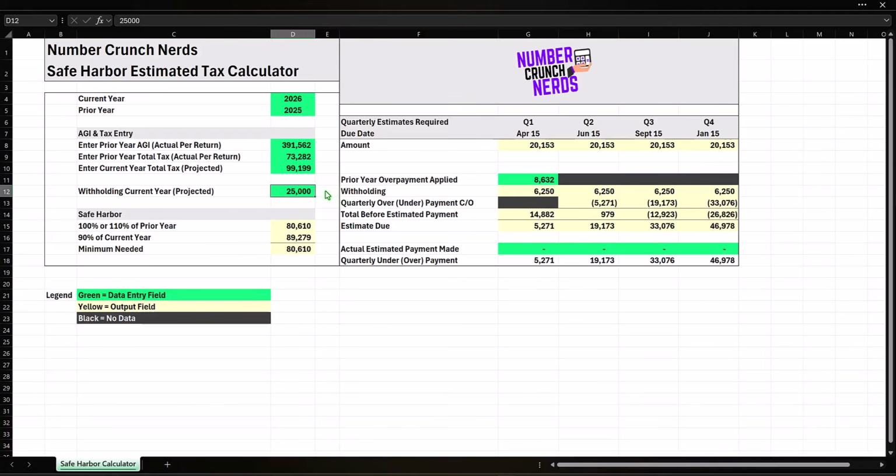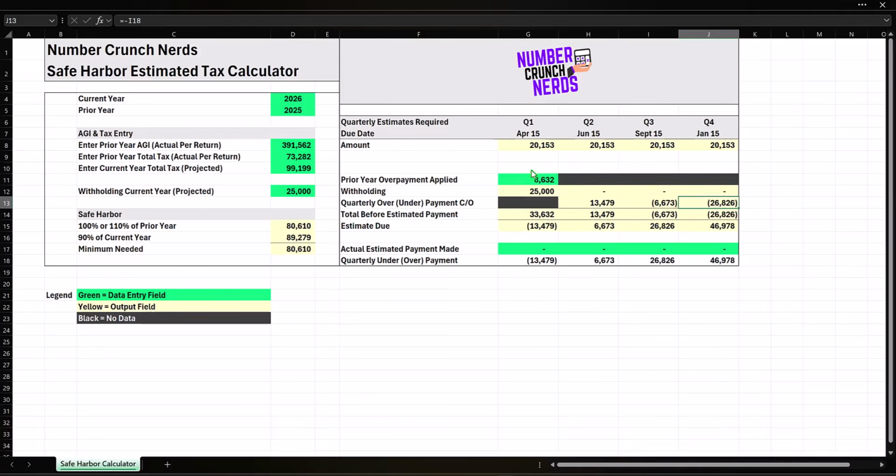Coming back over here, how can 100% of this number cause the estimate that is due in cell G15 to become a negative number? Well, the answer would be, instead of going with the IRS default treatment of spreading the withholding out over the 4 quarters, what if we just went into Q1 and put the full $25,000 in there, and then we go into Q2, we make that 0, we make Q3 0, and we make Q4 0.